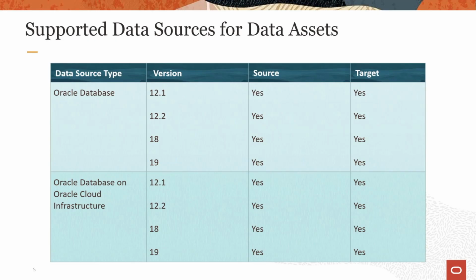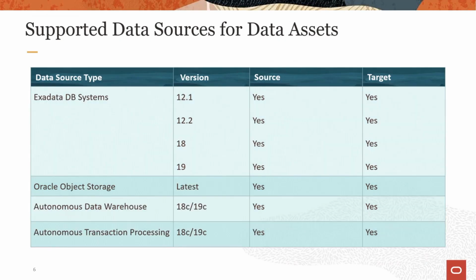The supported data sources for data assets are listed in the next few slides. Oracle Database and Oracle Database on OCI are supported as both source and target from version 12.1 onwards. Exadata database systems are supported from version 12.1 onwards, whereas Oracle Object Storage is supported from the latest version only.